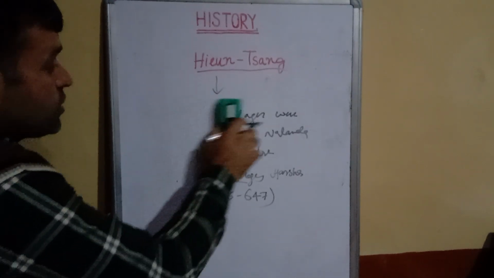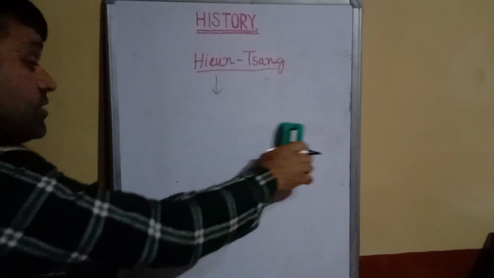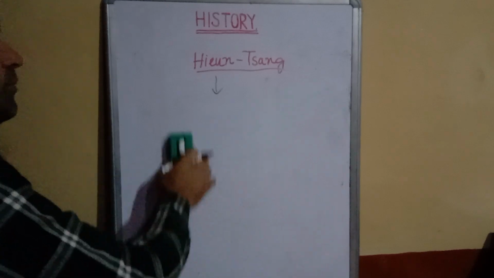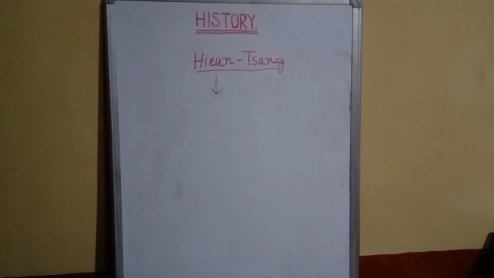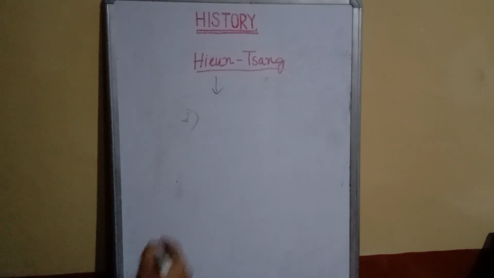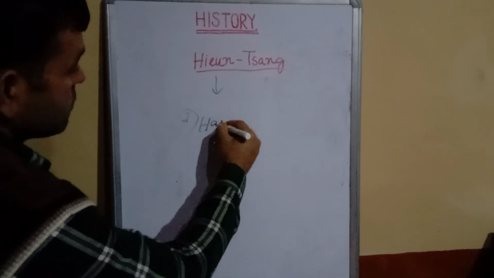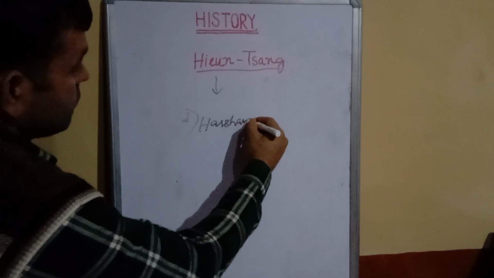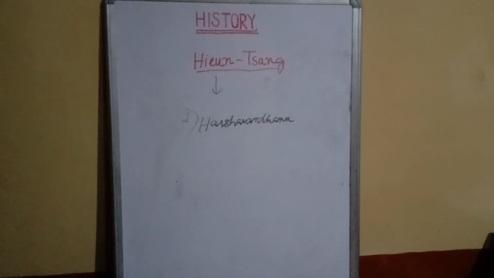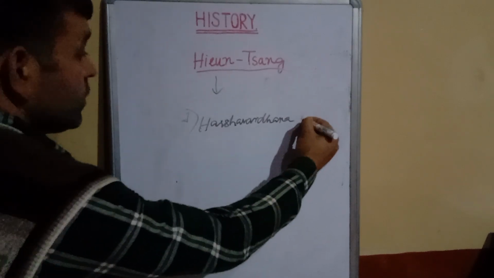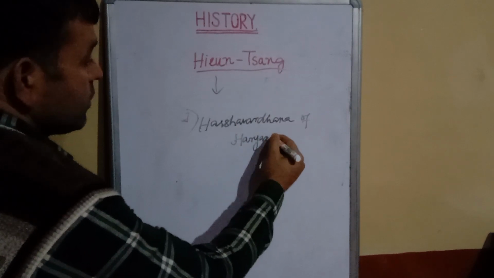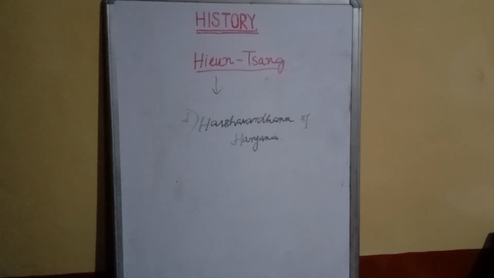This Hieun Tsang also met 3 important kings, all of whom he praises. The kings whom he met were: number 1, Harshvardhana, who was of Haryana, Thanishwar, and later on shifted his capital to Kannauj.